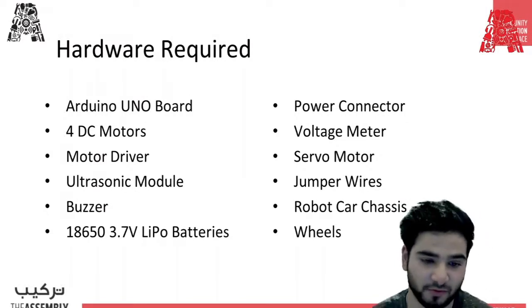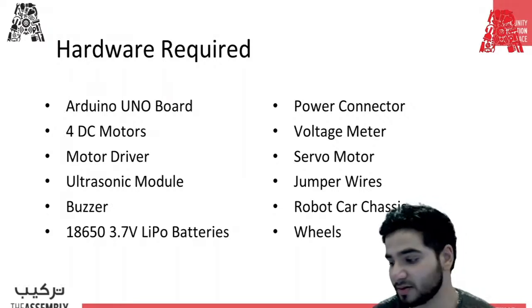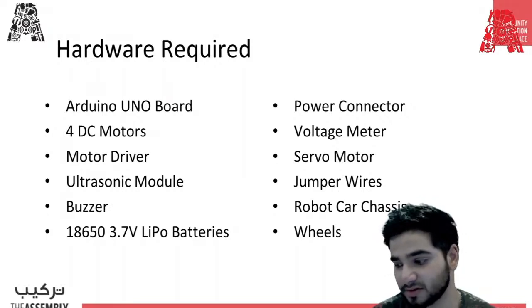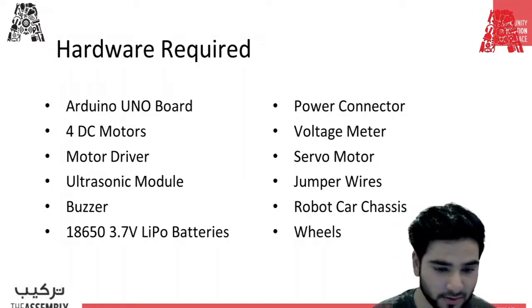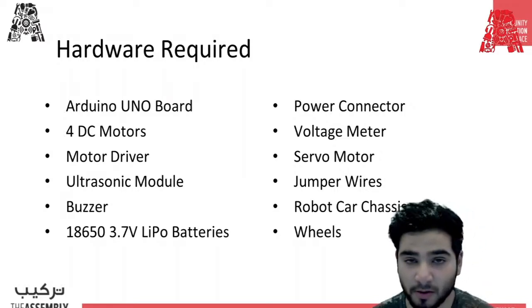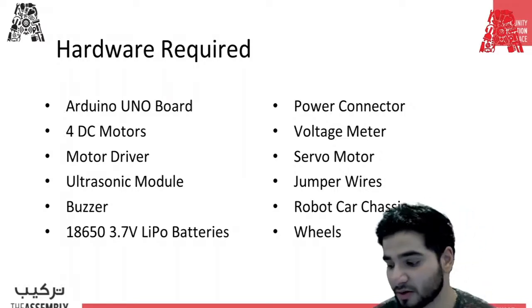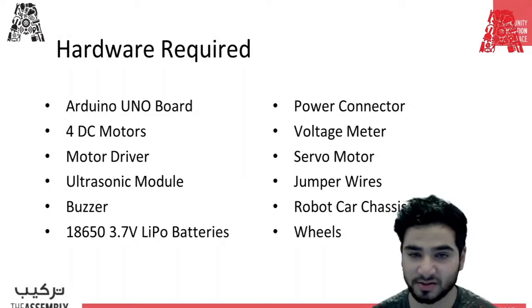And then there are 4 DC motors, which are used to enable movements in all directions: front, back, left, right. And then there is a motor driver. The motor driver is going to be used to control all 4 motors which are going to be installed on the chassis of the car. So it's going to control all 4 motors individually.